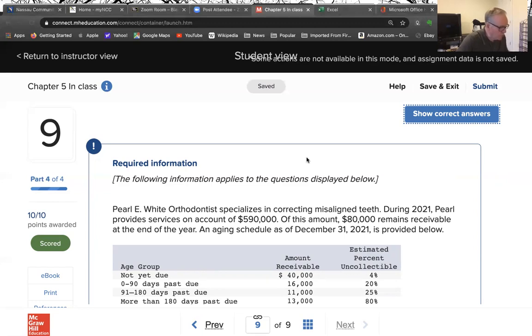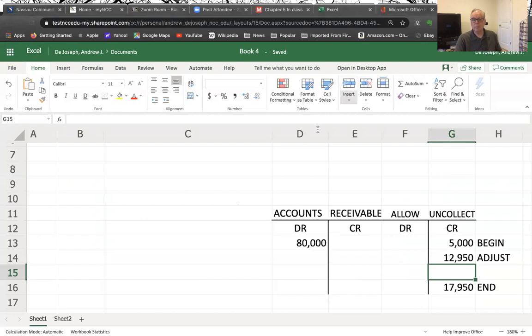I mean, we could look at one just like the one we just did here. Exercise 5-4B. You know, there are B problems, right? In addition to the A problems. This is on page 274 in the book. We'll have to do it over here.